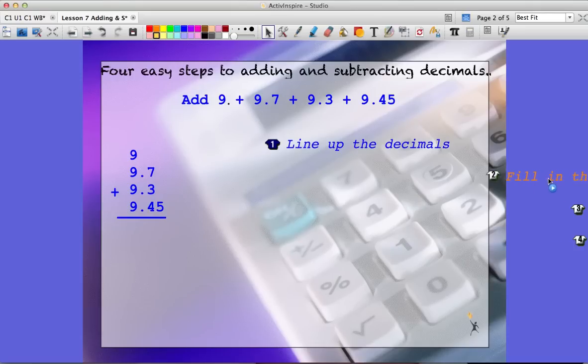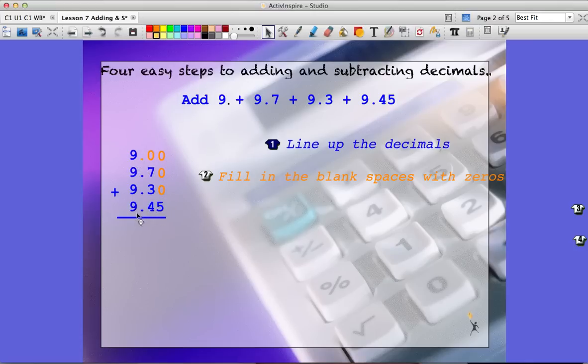The next thing that we do is we fill in the blank spaces with zeros. So what that means is, like with this 9, we put in a decimal and then 2 zeros. If we don't put in the decimal, we end up with 900, and that's incorrect. We don't have $900, we have $9.